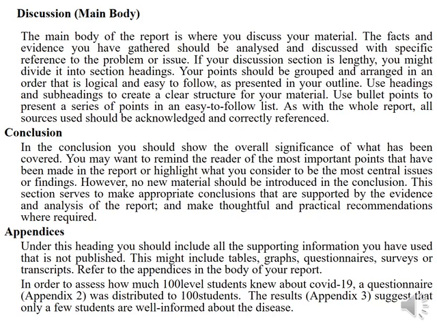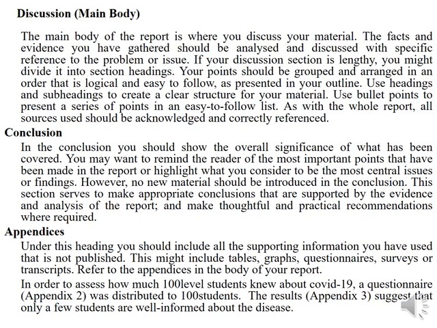However, no new material should be introduced in the conclusion. This section serves to make appropriate conclusions that are supported by the evidence and analysis of the report, and make thoughtful and practical recommendations where required. And appendices, we also have appendices after the conclusion.